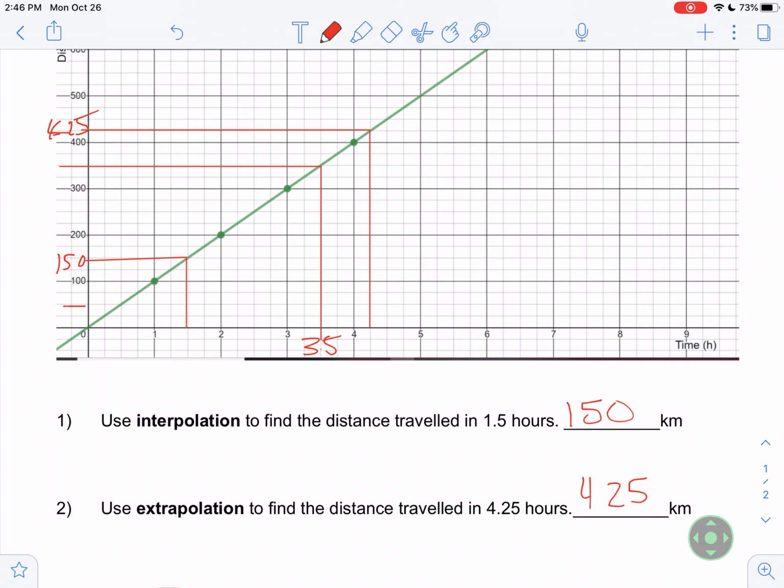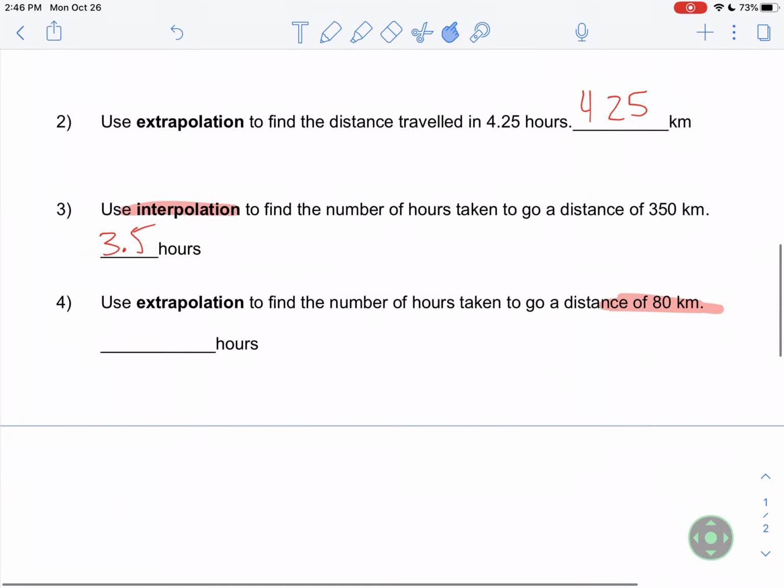So this is 50, this is 75, so 80 would be about here. And this time we're just going to have to approximate a little bit, and then we're going to trace down. So to me, it looks like if this is 0.5 hours and this is 0.75 hours, that looks like 0.8 hours.